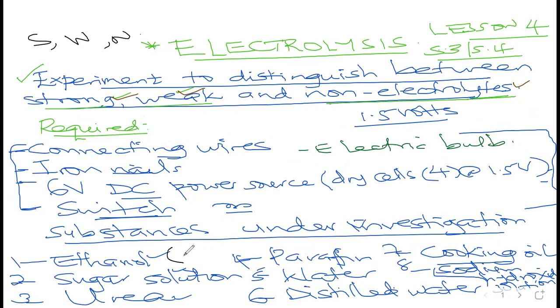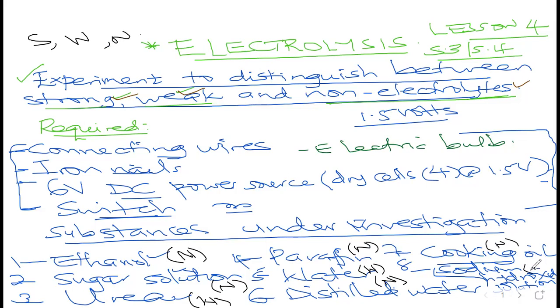You'll find out that ethanol is a non-electrolyte. Sugar solution, non-electrolyte. Urea would be a weak electrolyte. Paraffin, non-electrolyte. Water will be a weak electrolyte. Distilled water will be a non-electrolyte. Cooking oil, non-electrolyte.